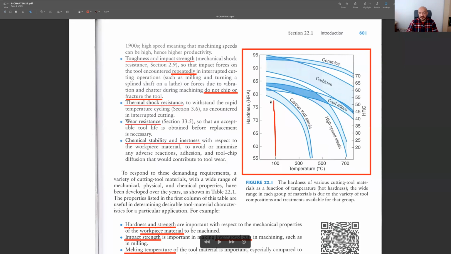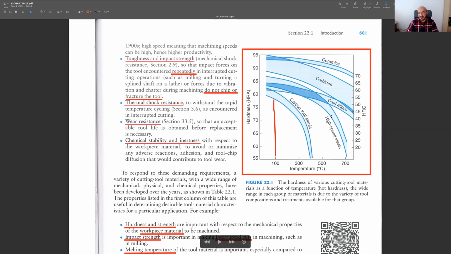You see, after this point, we have a sudden decrease in terms of hardness. So I cannot say that carbon tool steels have high hot hardness values. It simply decreases in hardness as the temperature increases.